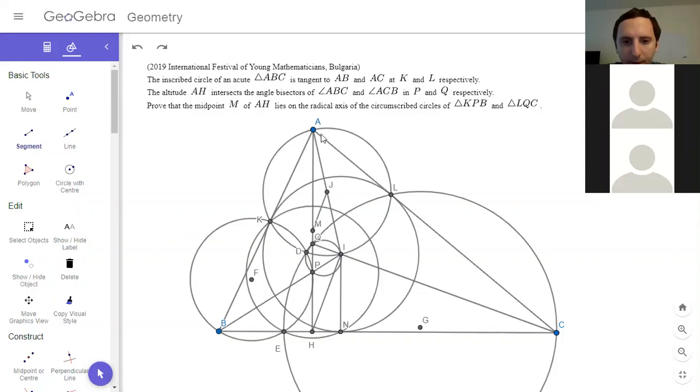Also, IM bisects AN. No, I'm sorry, IM doesn't bisect AN.